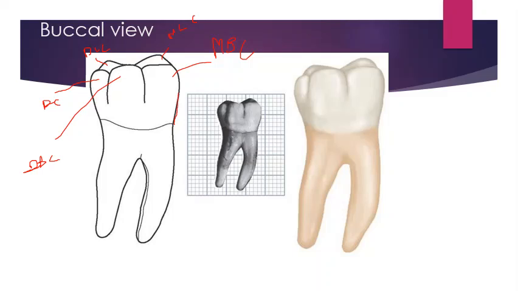This is the contact area of the mandibular first molar on the mesial outline, which is present at the junction of the occlusal and middle third. From this contact area onwards toward the occlusal margin the outline is convex.